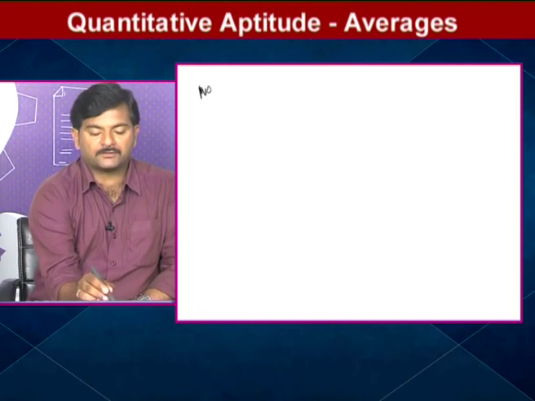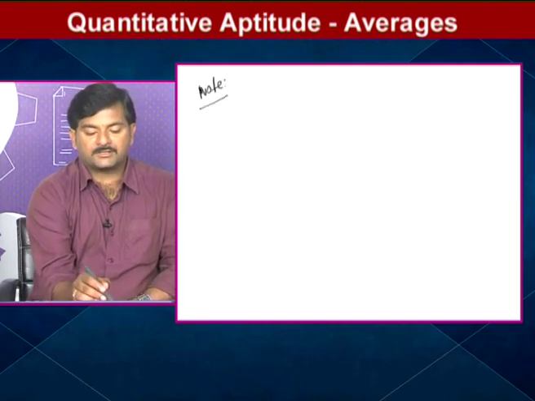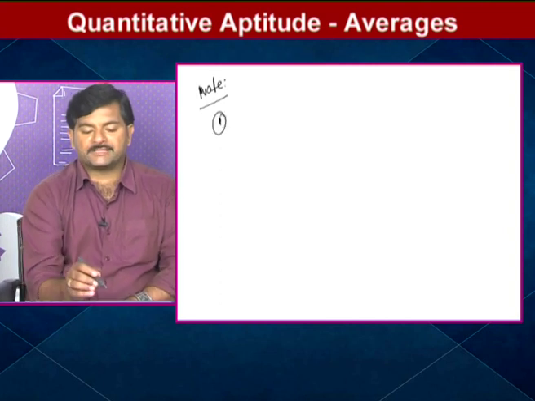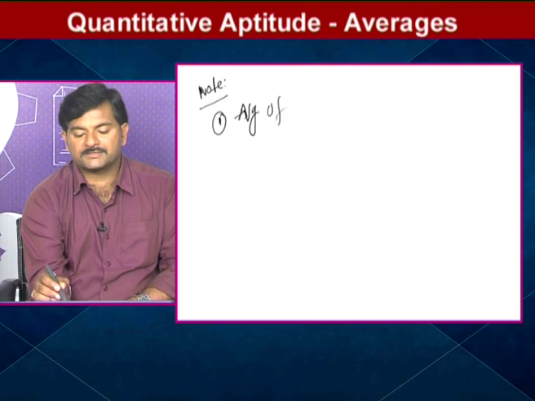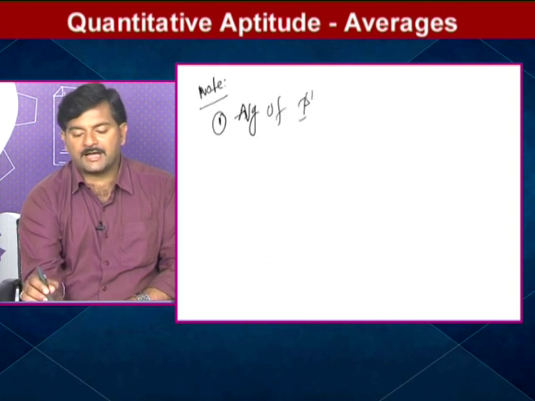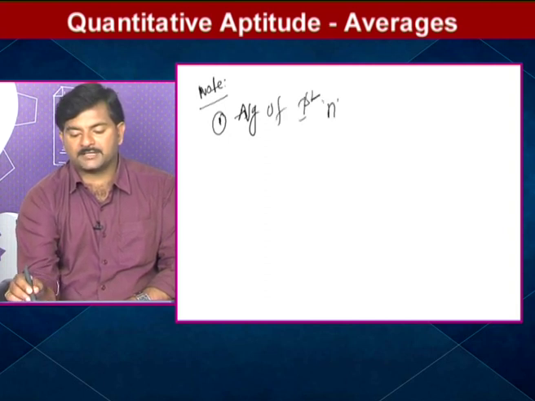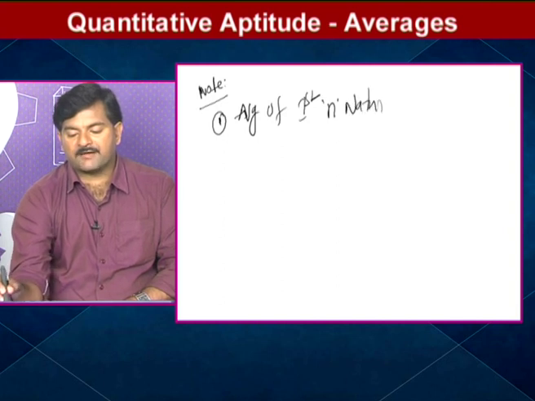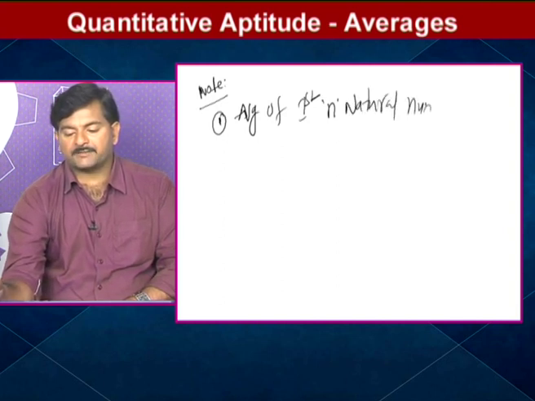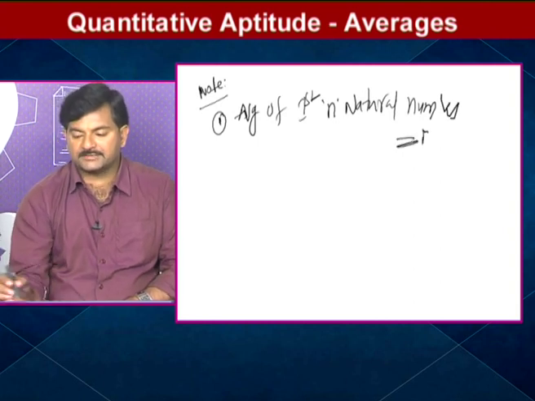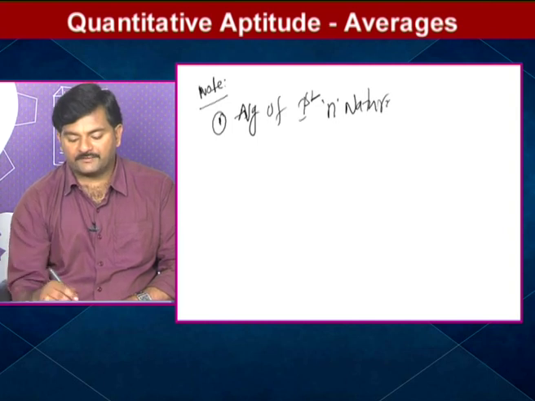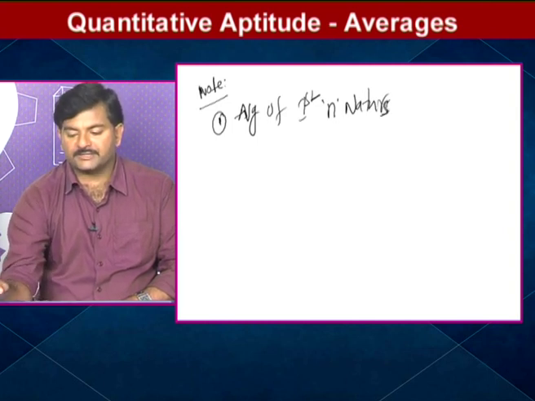So what I mean to say is, for example, he asked to find out the average of the first n natural numbers. The average of the first n natural numbers is simply n plus 1 by 2, you can write.